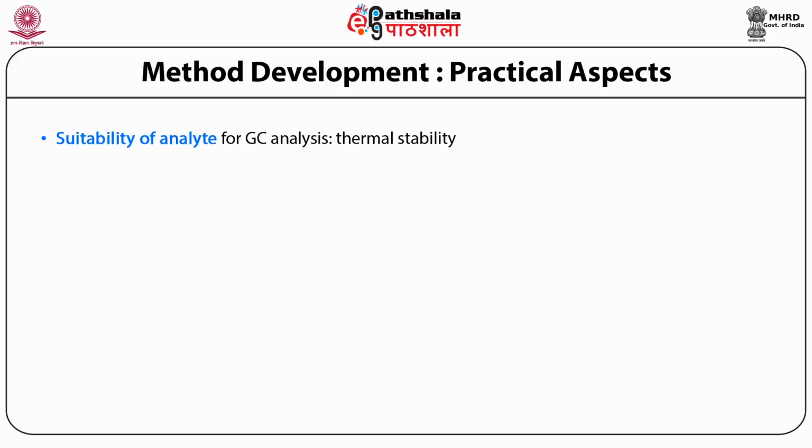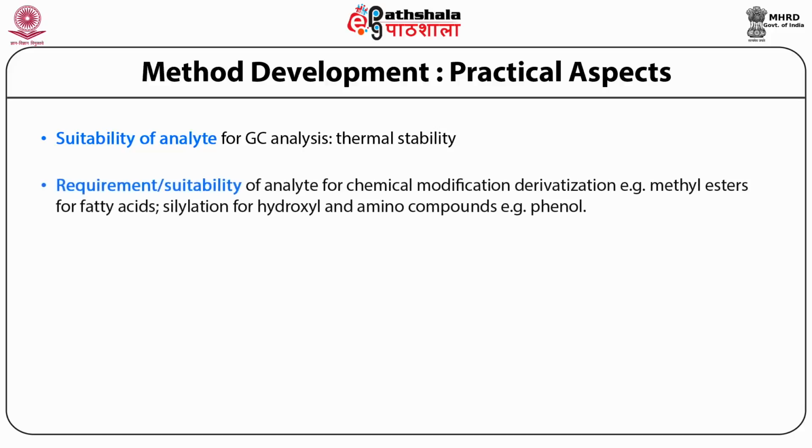Then, if the analyte is not volatile or suitable for analysis, is it amenable to some chemical modification, such as derivatization, as is done with methyl esters for fatty acids, or silylation for hydroxyl and amino compounds?